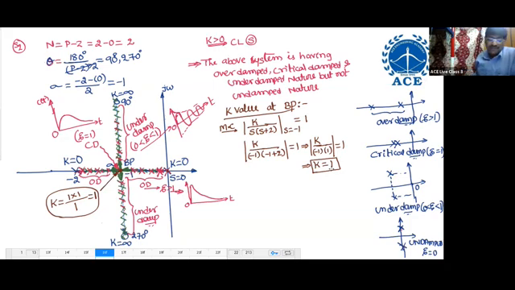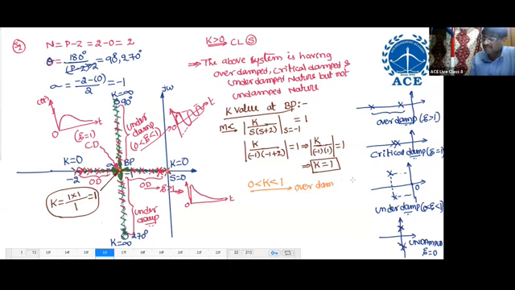Now get the answer for overdamped. Here K equal to 0, here K equal to 1. Between them, for K greater than 0 and less than 1, the system is called overdamped.